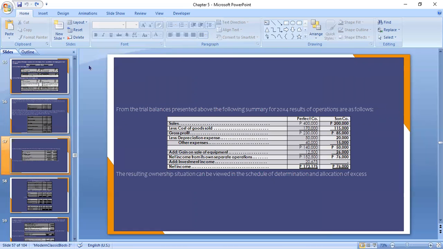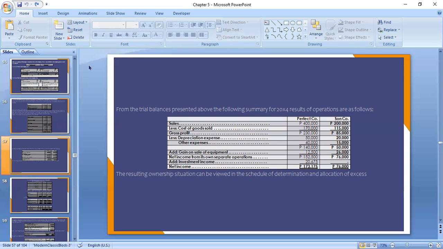So we now have the net income. We add gain on sale of equipment and net income from its own separate operations. Then add investment income, giving the final net income for the parent and the subsidiary.